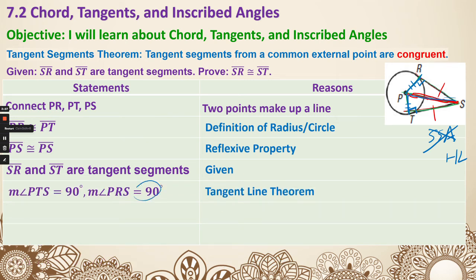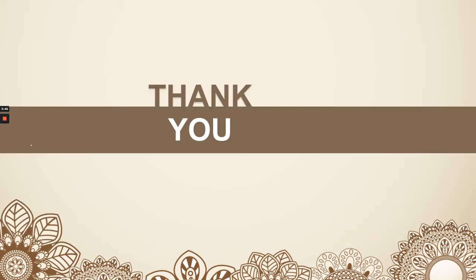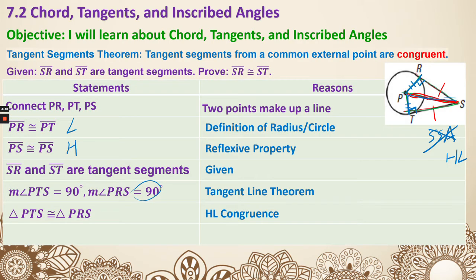And with that, this is our H, that's our leg, and this is our H. We can use HL congruence to prove triangle PTS and triangle PRS are congruent. Last thing, we can conclude that SR and ST are congruent by CPCTC. Now we have proved that theorem.